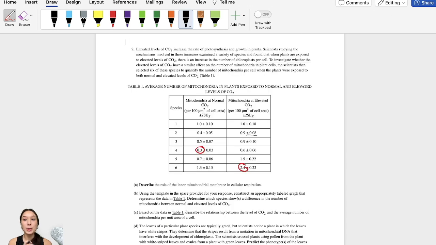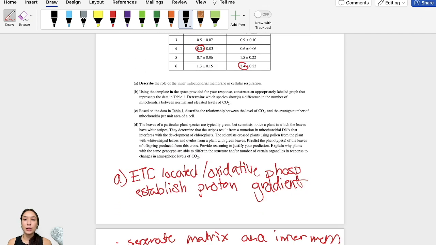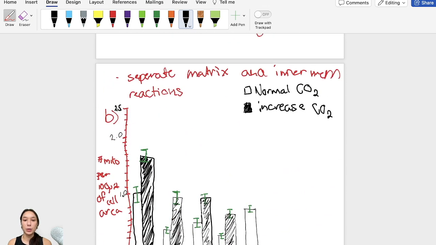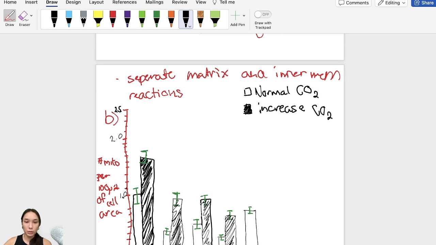Again, like I said, they're not going to be super picky, but if your error bars for 0.22 are the same size as your error bars for 0.1, then that's a problem. Okay. So 1.5 plus or minus 0.22. 1, 2, 3, 4, 5 should be around here. Again, this would be easier with graph paper, so just kind of take this lightly.